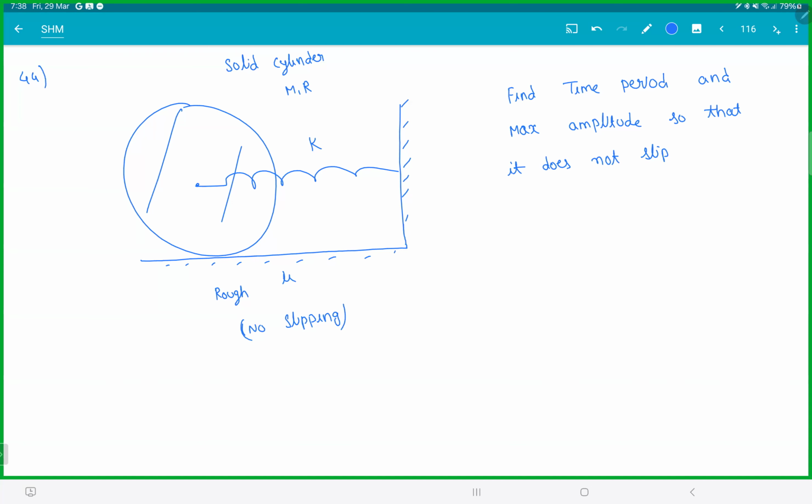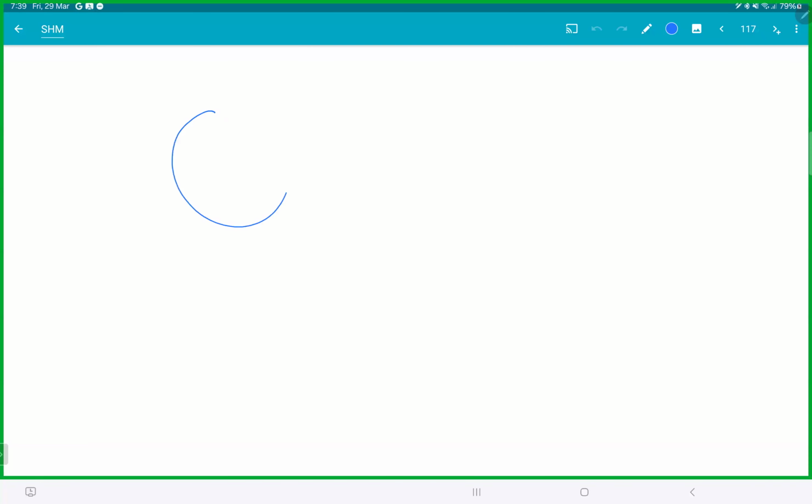How do we do this? Should I show you one? See, go back to the basics. Displace the body by x. Write the forces. Kx. Let this be friction. Let this be acceleration. Let this be alpha.